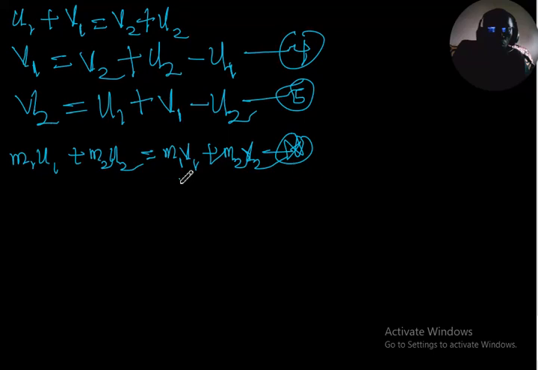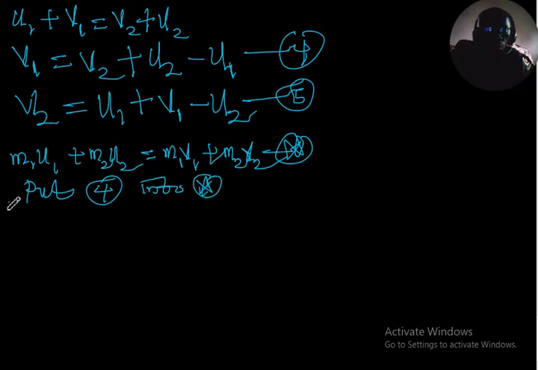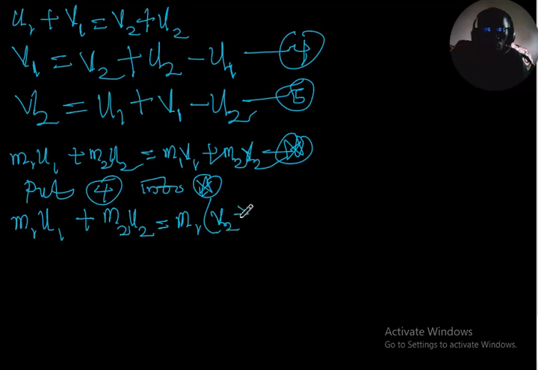So all I need here is to put equation 4 into this equation, star. If I do that, anywhere you see v1, we replace it with v2 plus u2 minus u1. So I have m1 u1 plus m2 u2 equals m1, open a bracket for v1, v1 is v2 plus u2 minus u1, close the bracket, then what again do we have?